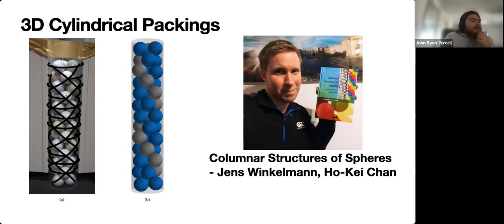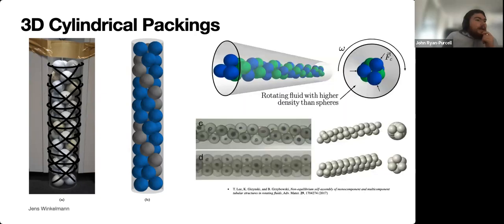However, an alternative method for constructing these structures was proposed in a paper by Lee, which is to have spheres which are less dense than a fluid, suspended within a fluid and contained within a rotating cylinder.